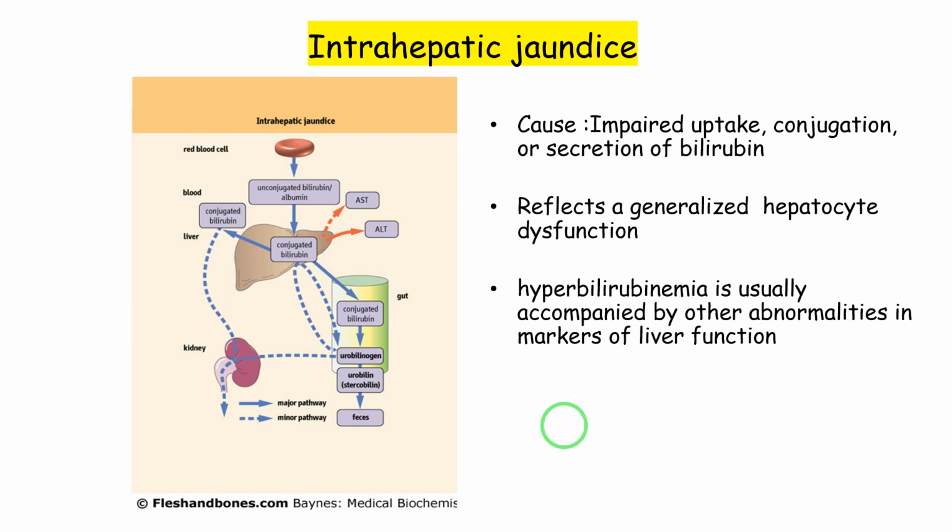So if there is impairment of the liver, maybe due to hepatitis, or toxic drug-induced liver damage, or cirrhosis, for example paracetamol and halothane poisoning, all may affect liver function, so it will affect the ability of the liver to take up, conjugate, and excrete the bilirubin.